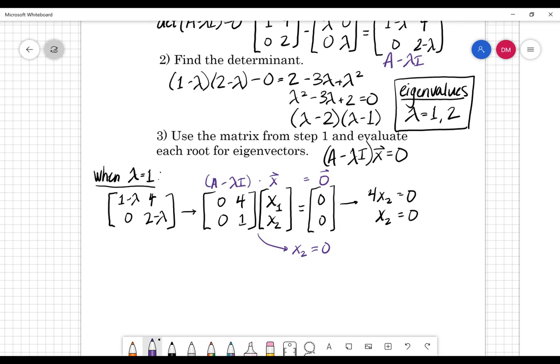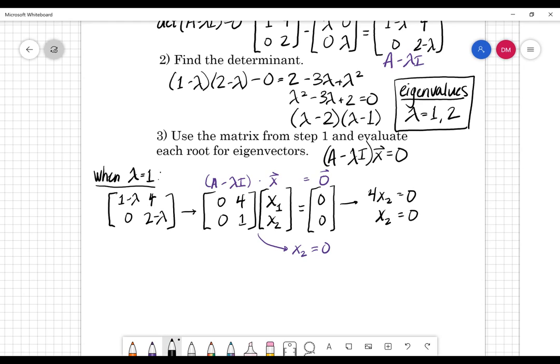So I didn't get any brand new information from that second equation, which really means that you could pick anything for x1, because if you notice what's happening here, it's getting multiplied by 0. So as long as x sub 2 is equal to 0, then x sub 1 could really be anything.